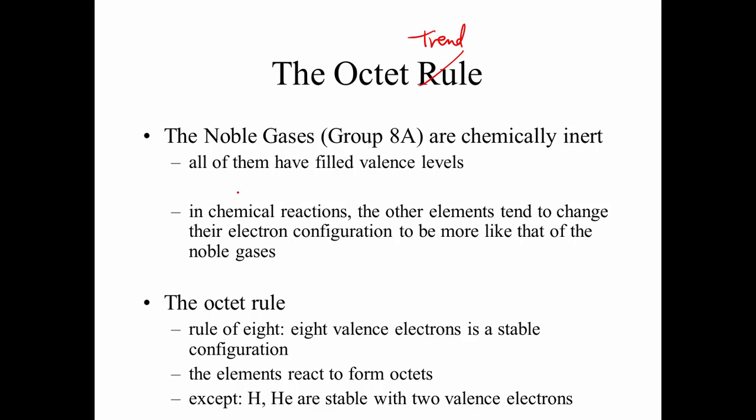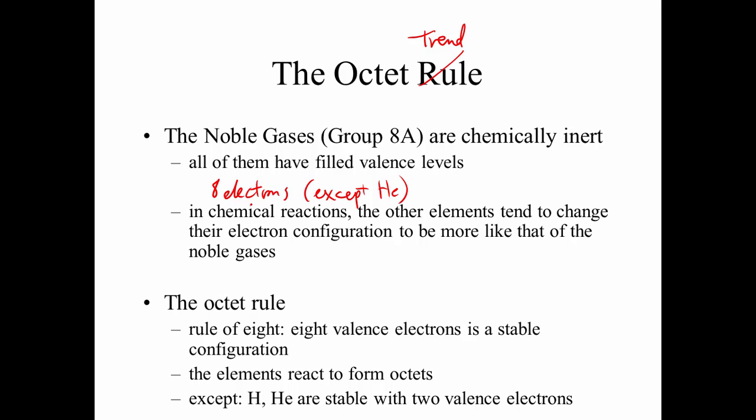And the reason they don't make bonds is that they have a filled valence level with 8 electrons, except for helium, which is a filled valence shell with only 2 electrons.